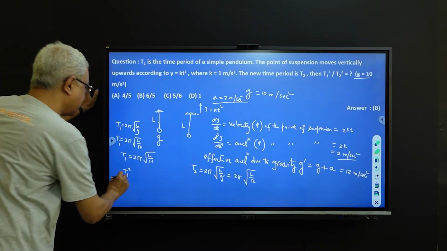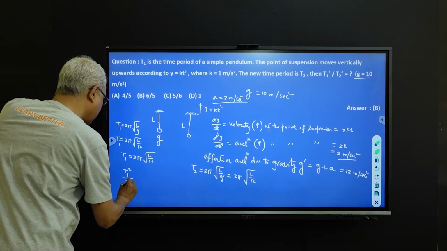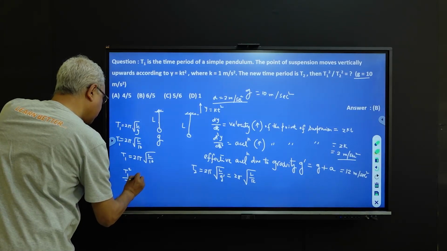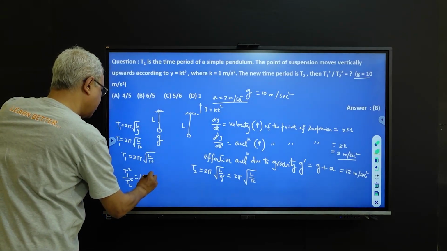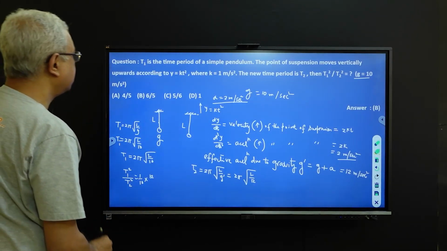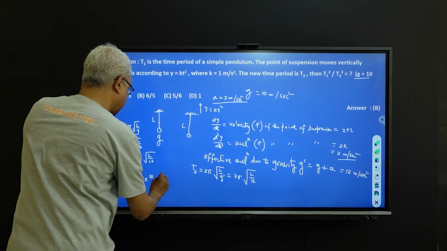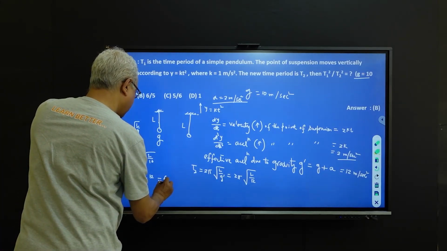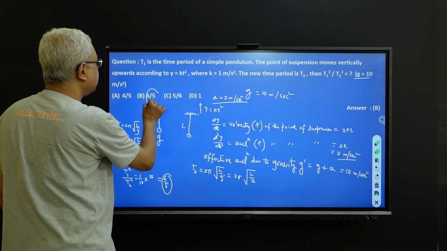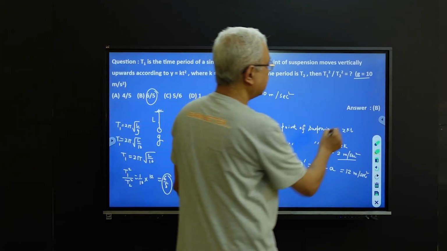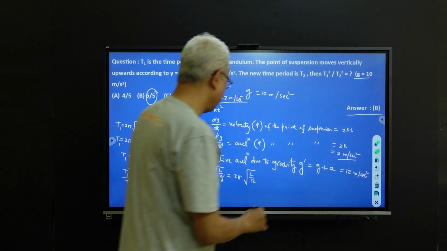Which one is correct? So T1 square by T2 square is 12 by 10. So it is 6 by 5. So 6 by 5 is the correct answer. So the answer is B.